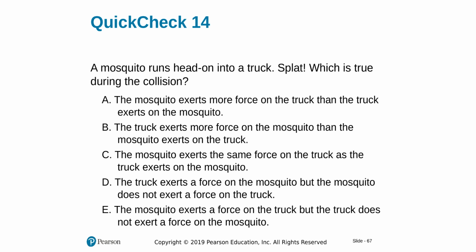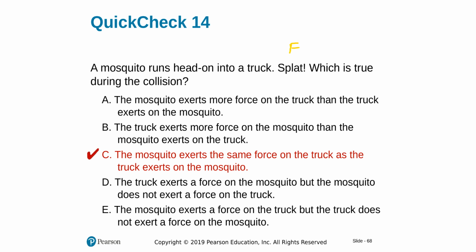A mosquito runs head-on into a truck. Splat! It dies. The truck goes on. Still, the mosquito exerts the same force on the truck as the truck exerts on the mosquito. Same force. The mosquito gets hurt because it's small and it has a larger acceleration, right?